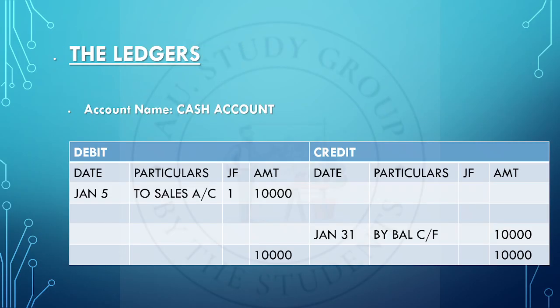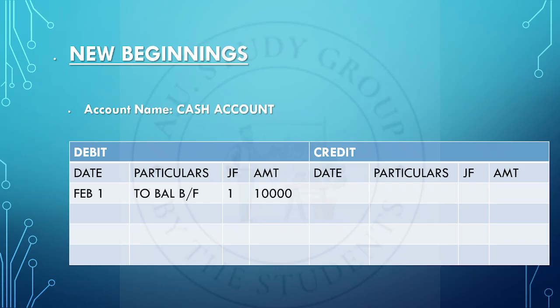Right? Here the balance carried forward was on the credit side. So when opening the same cash account for the next accounting period, we write it on the opposite side as balance brought forward.